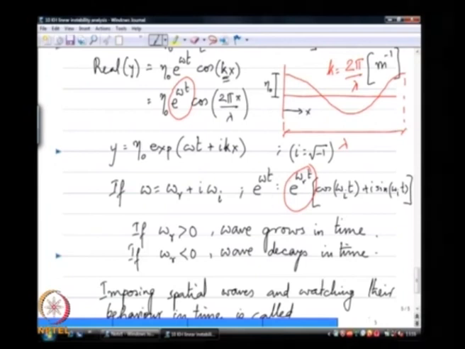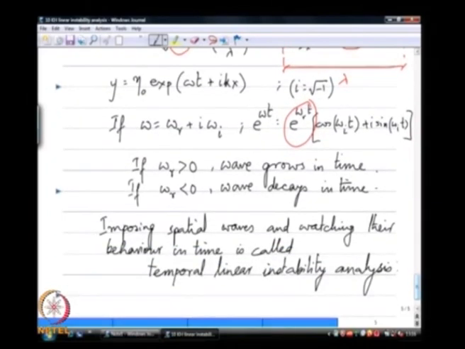So, this kind of an instability analysis is called a temporal linear instability analysis, where we impose real spatial waves and watch their behavior in time.